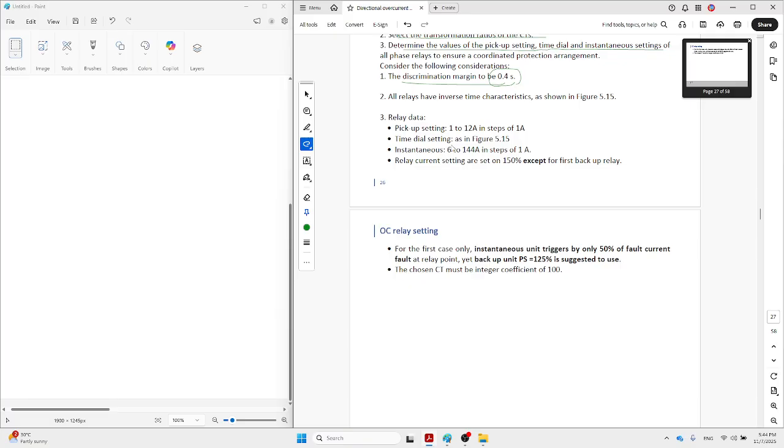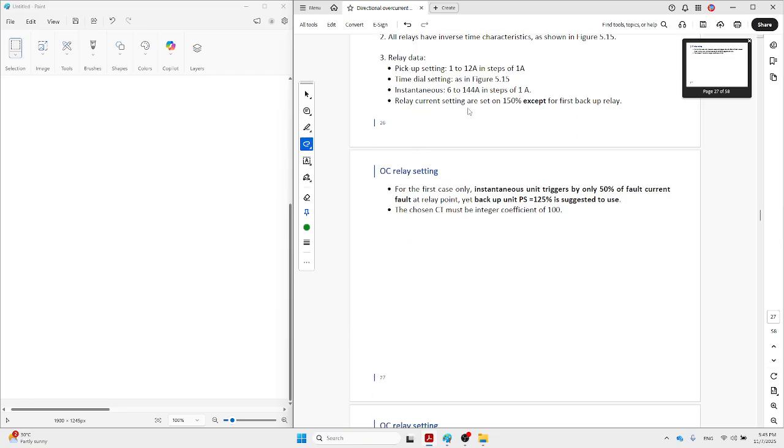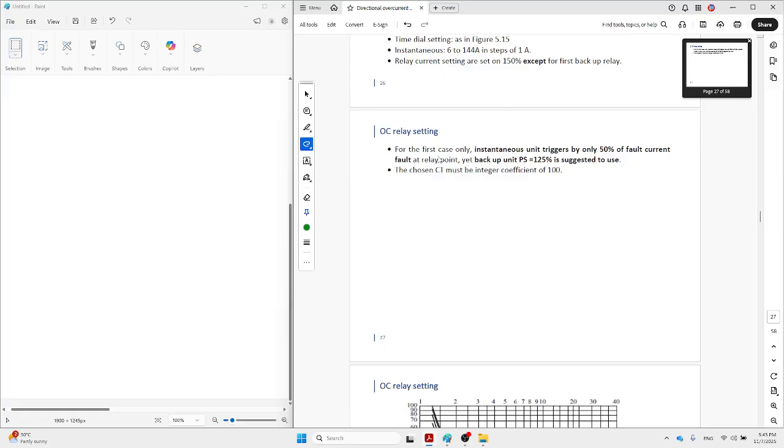We cannot choose less than 6, and the maximum is 144 in steps of one. The relay pickup setting is set at 150%. The CT coefficient selected must be a multiple of 100, so we can have 100, 200, 300, but we cannot have 150 or 250. These are not acceptable.